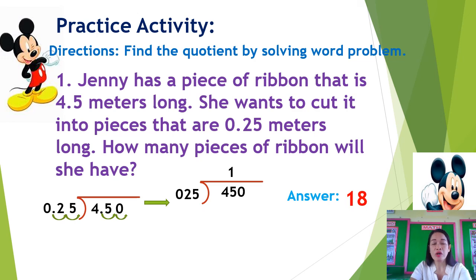So 450 divided by 25 is 1. 1 times 25 is 25. So 45 minus 25 equals, bring down 0, is 200. Then 200 divided by 25 is 8. 8 times 25 is 200. 200 minus 200 equals 0.